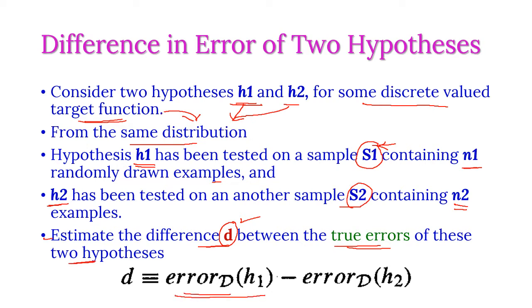We have already seen it in the previous video. So d means difference, isn't it? Estimate the difference of two hypotheses, d, which is equal to error D of H1 minus error D of H2, right? Error D of H1 is the true error of hypothesis 1, and this is the true error of hypothesis 2.